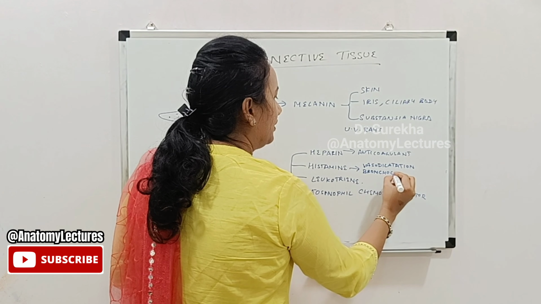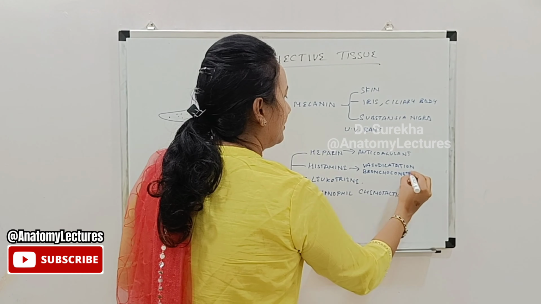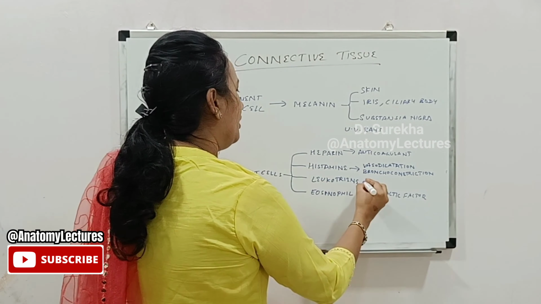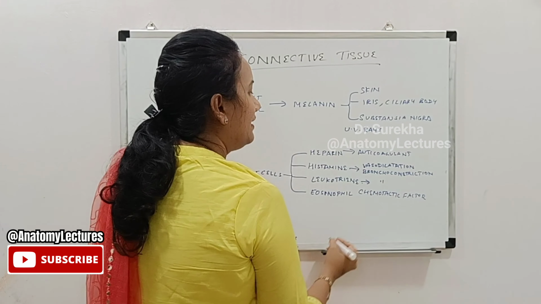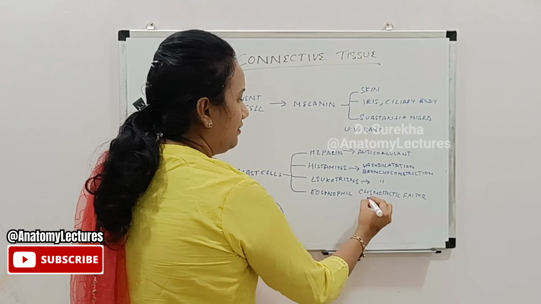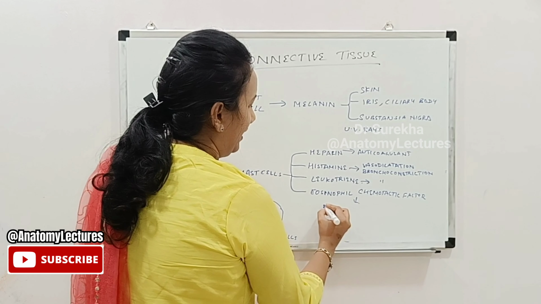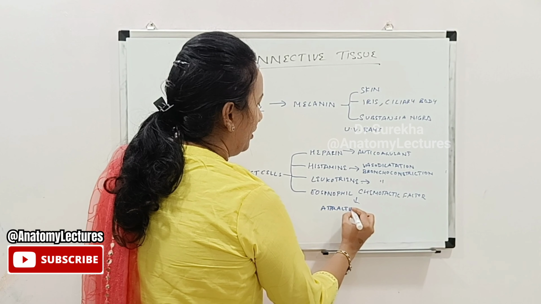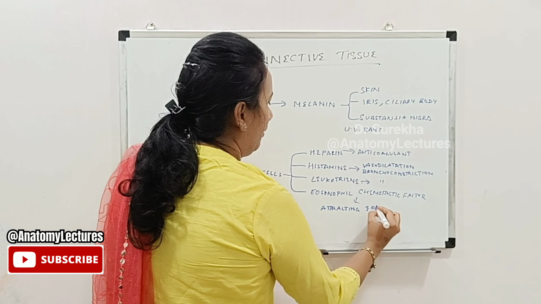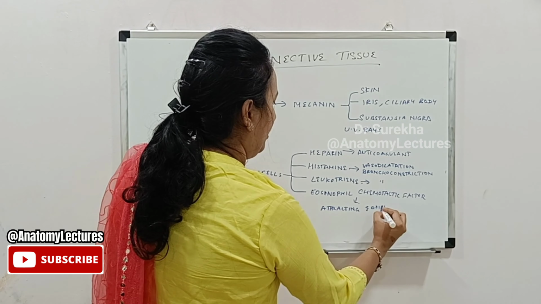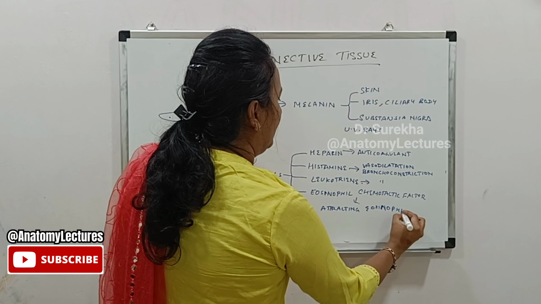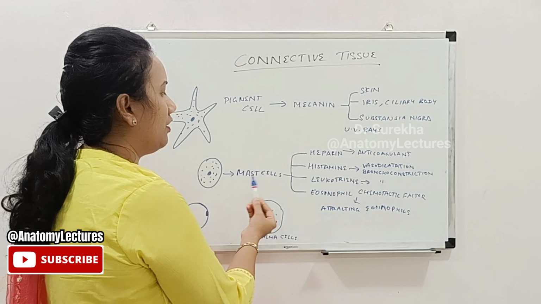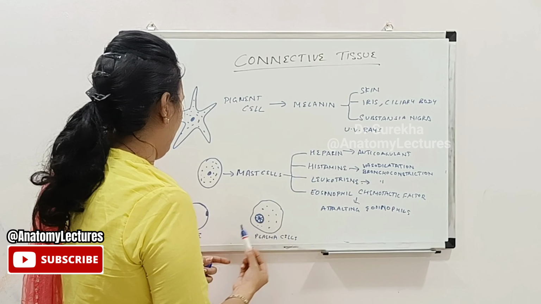So it will cause constriction of the smooth muscles present in the bronchus, that is the airway. The leukotriene also has a similar function, and this eosinophil chemotactic factor helps in attracting the eosinophils towards the site of inflammation. So these are the substances secreted by the mast cells. So it has a role in inflammation.